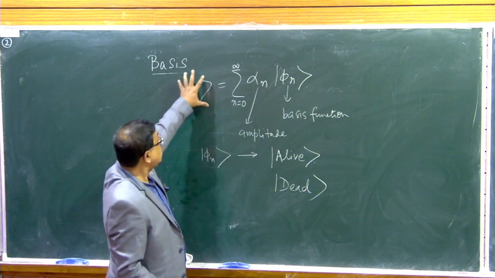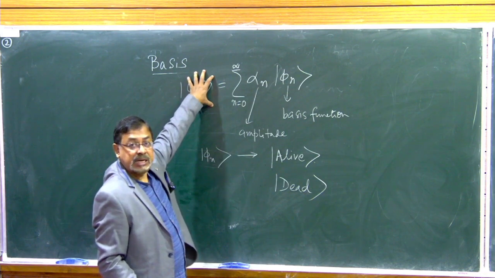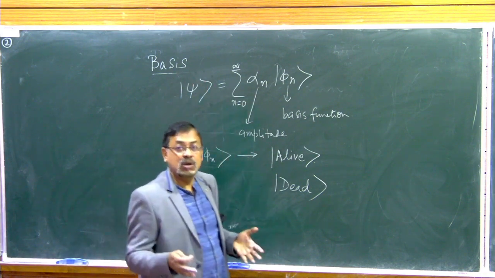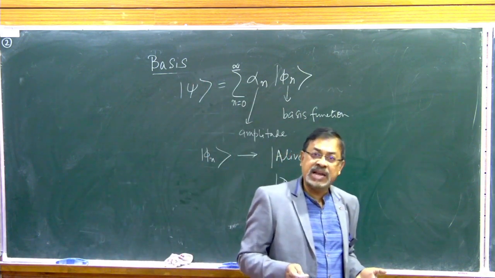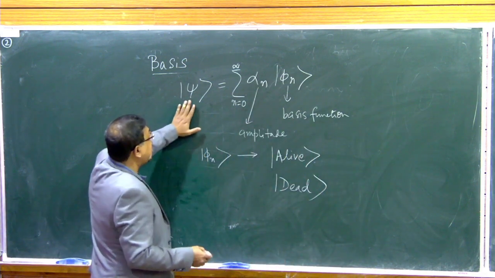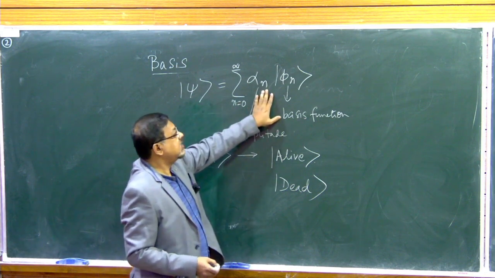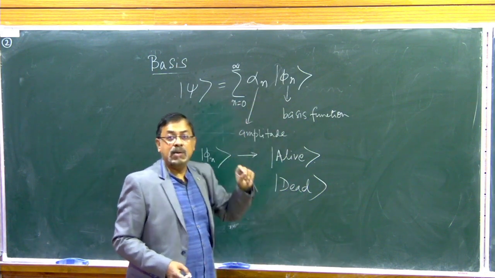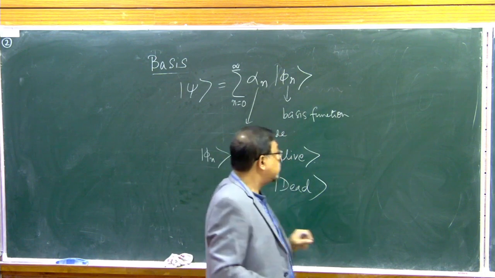So as you have not seen the cat or not entered the room to see what's the state of the cat after a while has passed, then in your mind these alpha n's would be 1 by root 2. Why is it 1 by root 2?